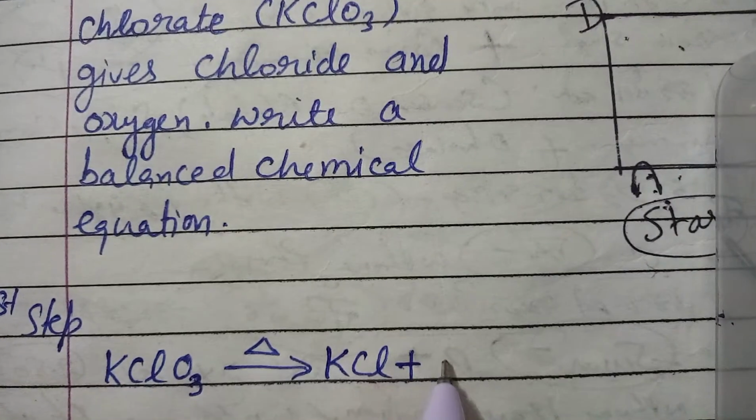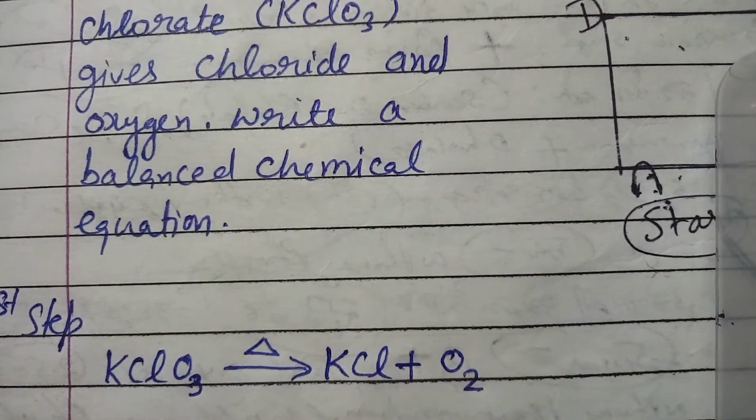So the first step is to write the skeleton of the equation, mentioning that potassium chlorate on strongly heating gives us potassium chloride and oxygen.